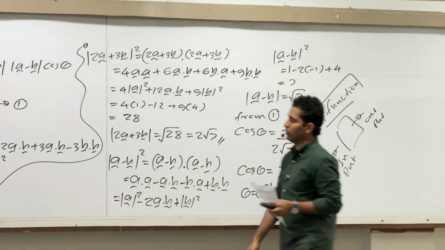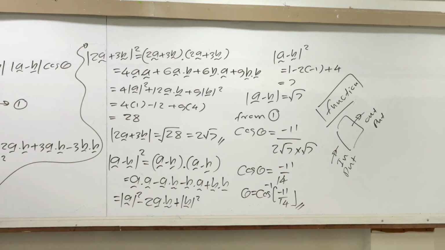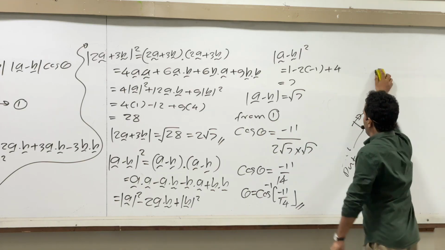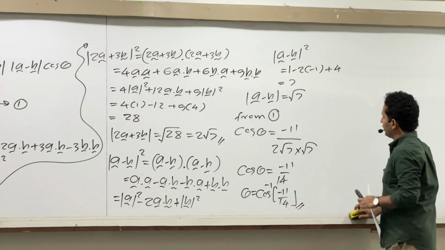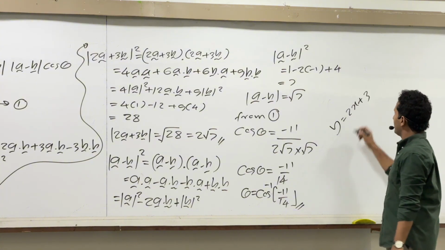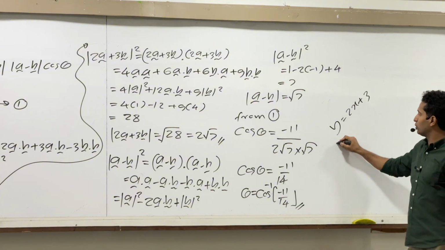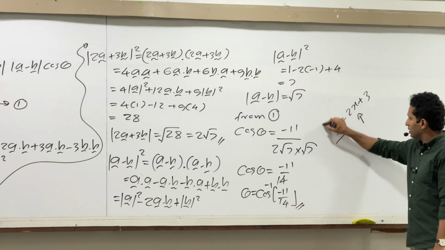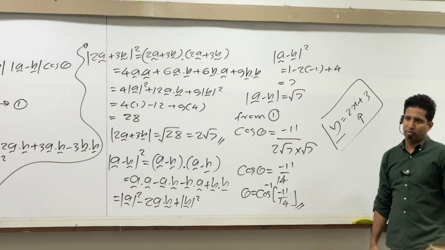I will explain. Here, y equals 2x plus 3 is a simple function. Here the input is x, the output is y. When you give different x values, this function gives different outputs, right?